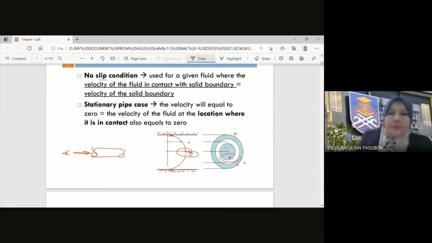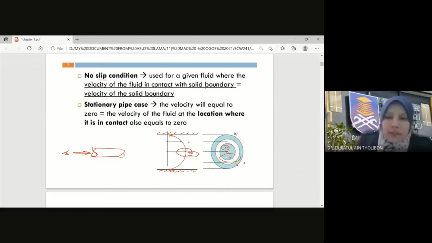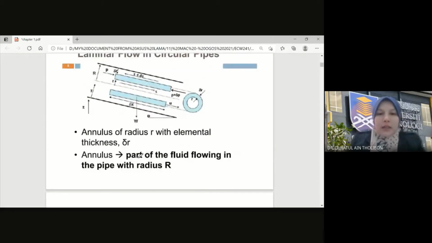Now we have a small letter r from the center of the pipe to any point, the molecule yang kita nak measure velocity dia. Katakan dia point X, so r is measured from the center to X. And then the differential of r, dr, is the distance from the boundary to the X. So this is the annulus, that is the part of the fluid flowing in the pipe with radius r.